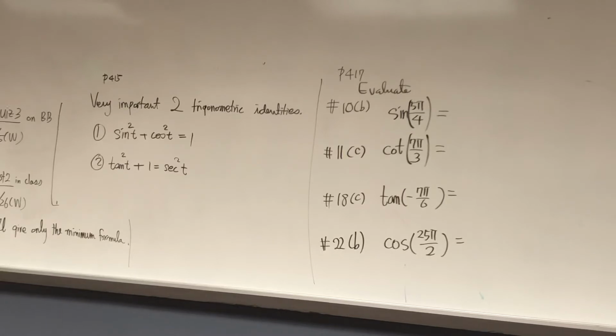Cotangent is like a number? No. I introduced 6 different functions. What is cotangent? Cotangent is one over tangent, right? Yeah. So you're right. Cosine over sine. Yes. 1 over tangent is better, right? Same.